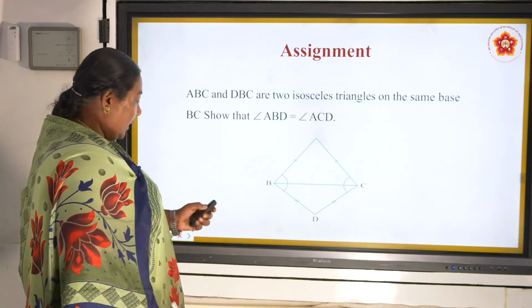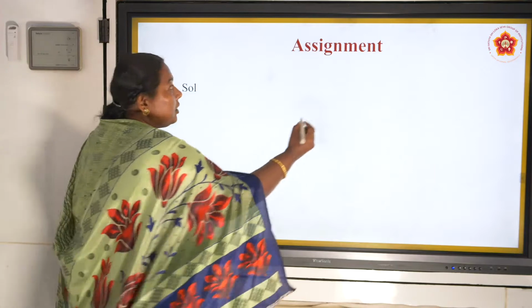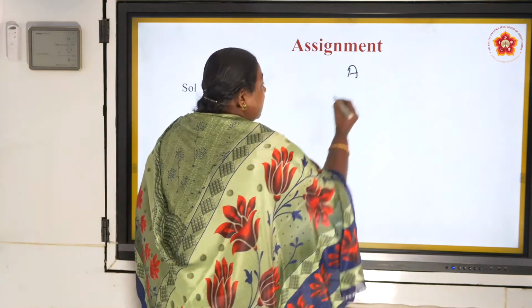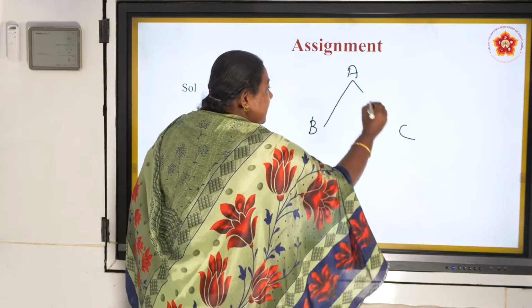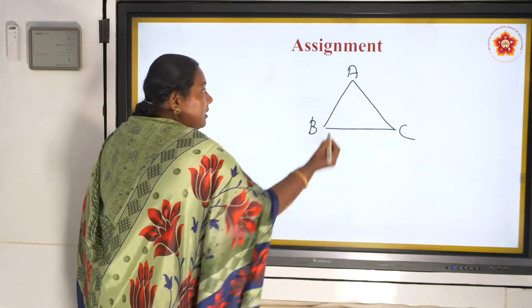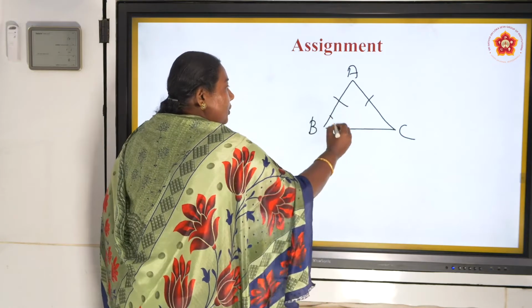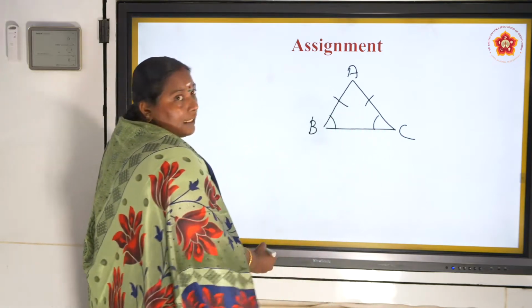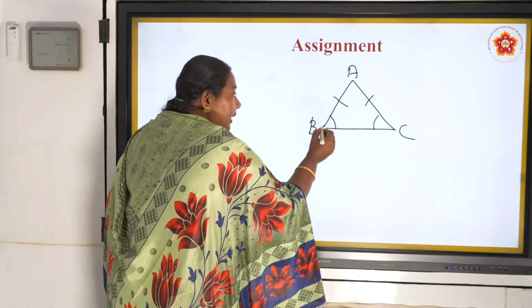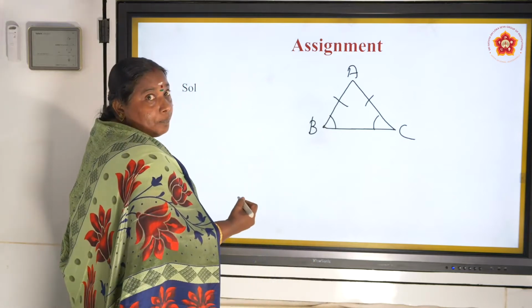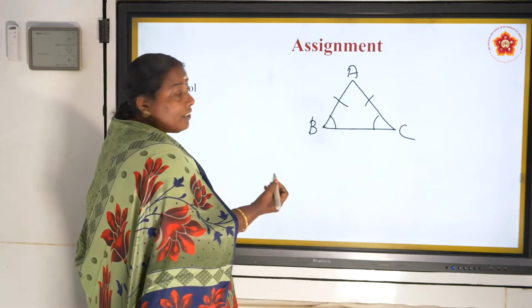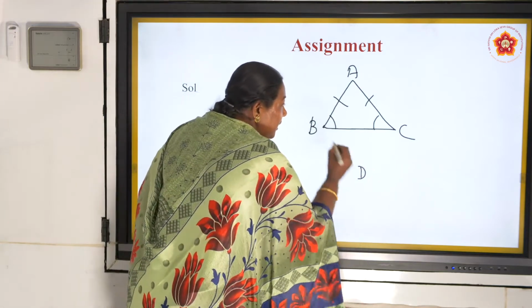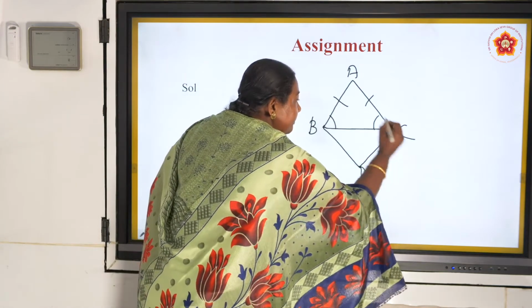Let us prove it. What they told is that ABC is an isosceles triangle. That means two sides are equal, so their angles are also equal. And then they have given DBC. In the figure itself they have shown D here.